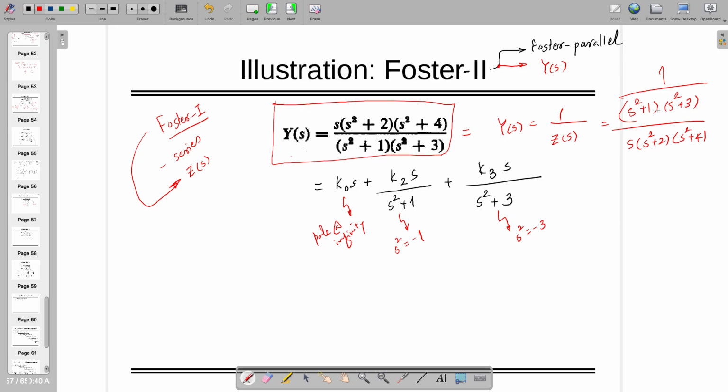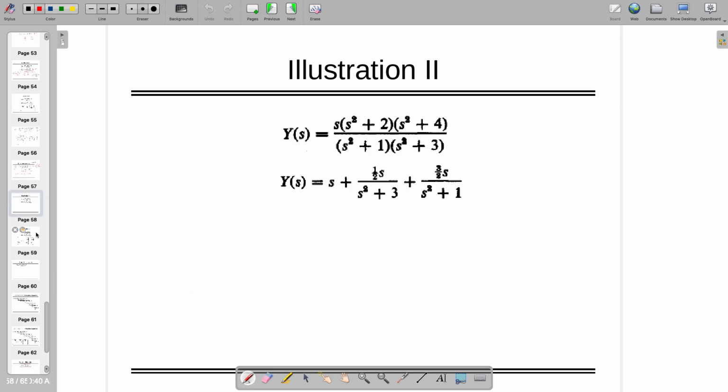Piyush, all good till now? So what is K0? Somebody told 1. K2? 3 by 2. K3? 1 by 2. All entries are positive. It has to be positive. If they are not, then you are making some mistake, right?